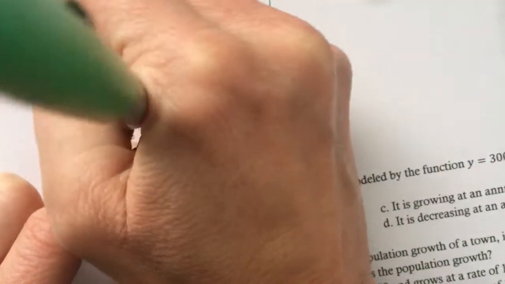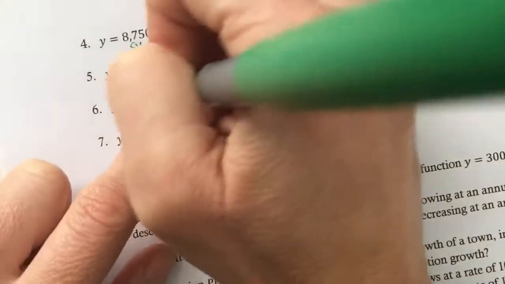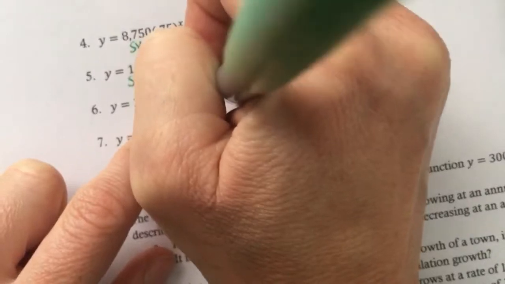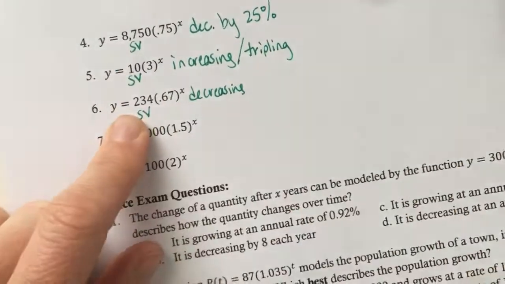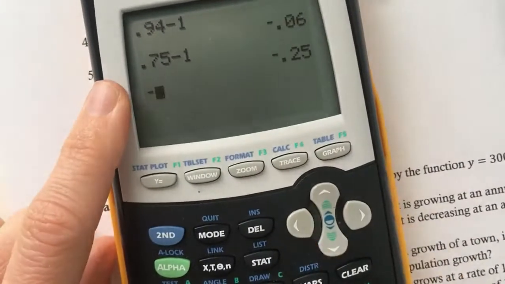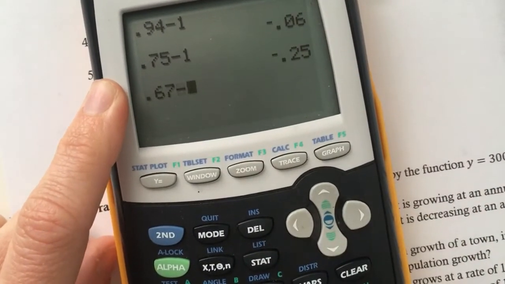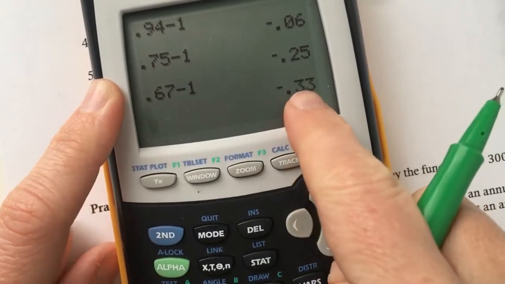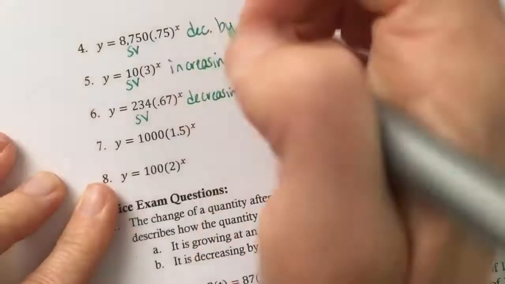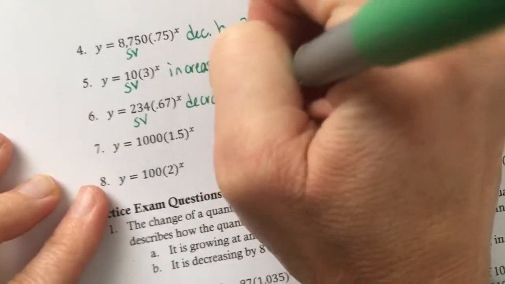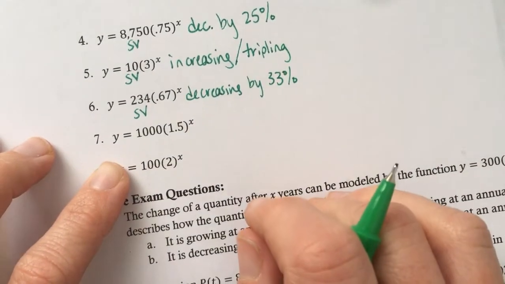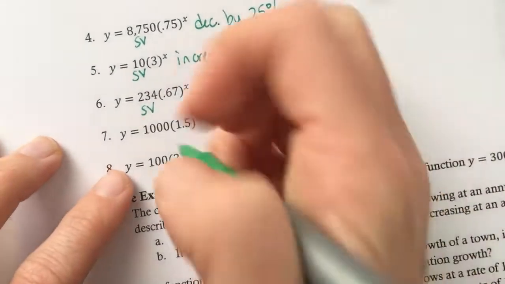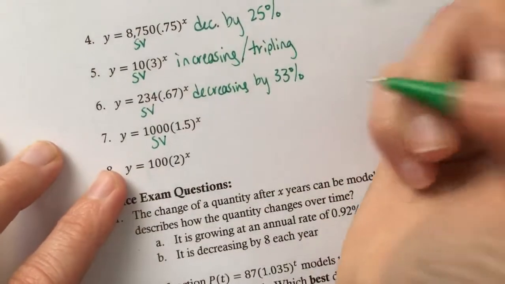Number 6, 234 is your starting value. This one is decreasing because this number in parentheses is less than 1. So I need to subtract that from 1 to see what percent I get. So I get 33%, decreasing by 33%. All right, number 7, y equals 1,000, 1.5 to the x. So your starting value is 1,000.